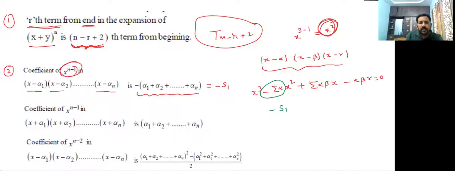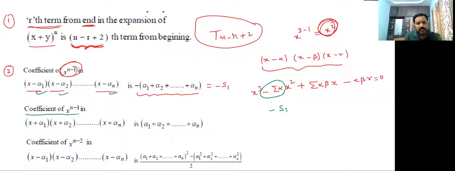The coefficient of x^(n−1) in (x − α1)(x − α2) and so on (x − αn). Here α1, α2, α3 and so on αn, there are n roots. That is an nth degree polynomial equation. Then what is the coefficient? −S1. This is also the same.